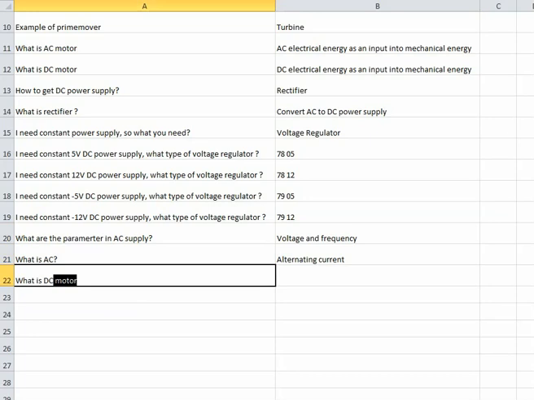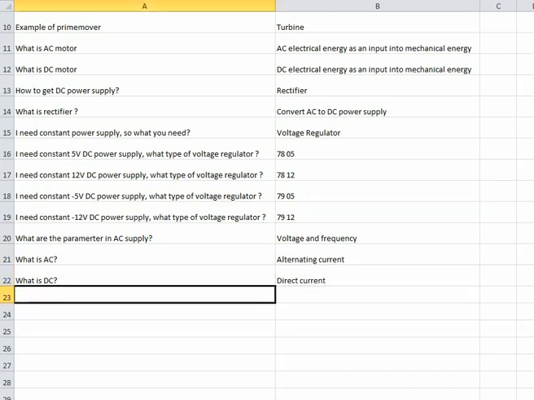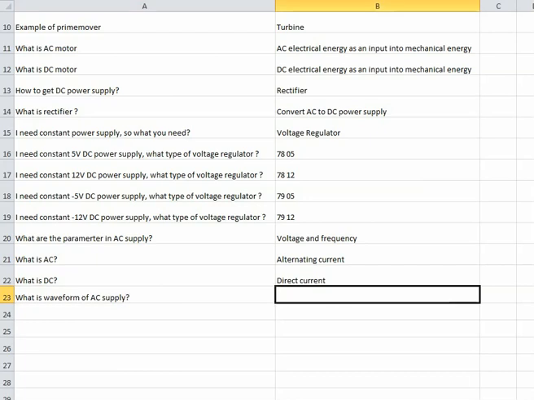This is a very small question. Even you should know. What is the DC? Direct current. So what is the waveform of AC supply? Sine wave. Good.